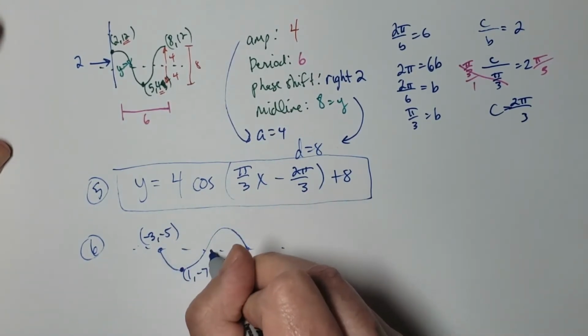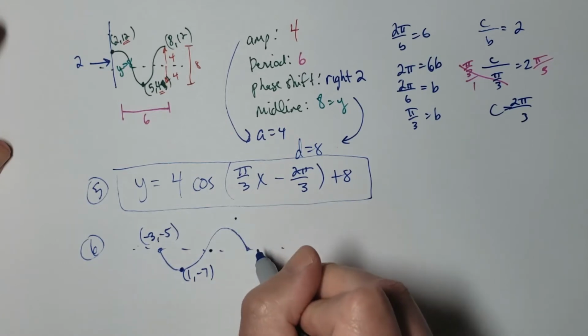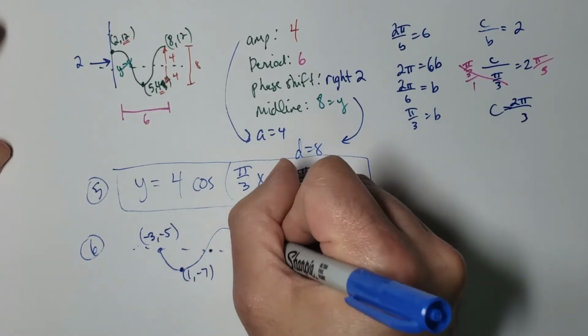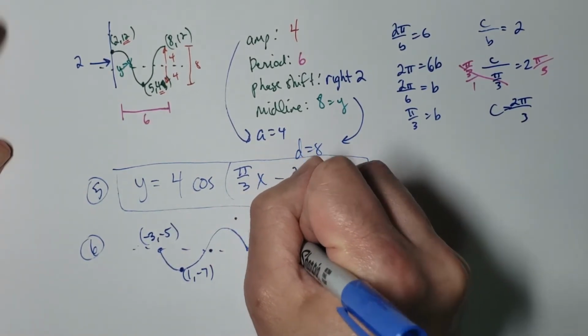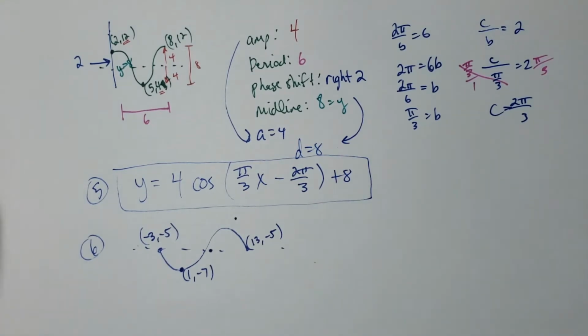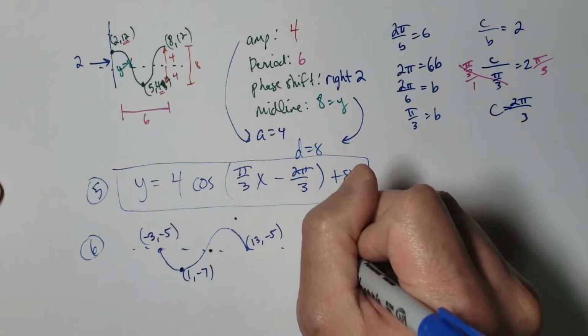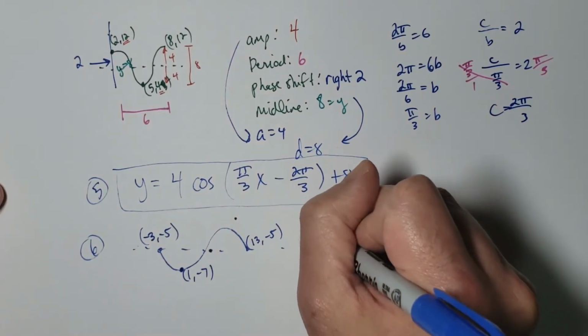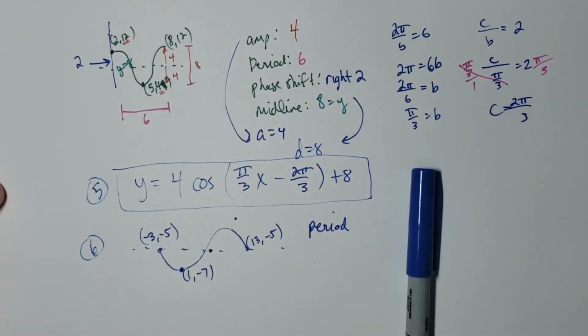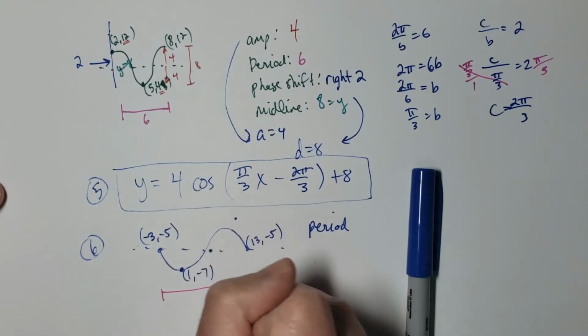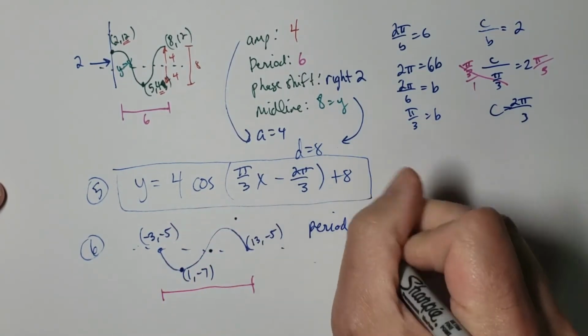Returns to the midline, goes up to its maximum, and eventually returns to the midline at the point 13, -5. Okay, so this means that our period is this total distance. That would be 16.